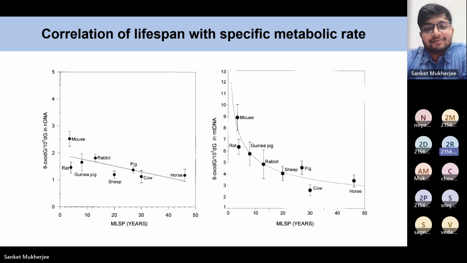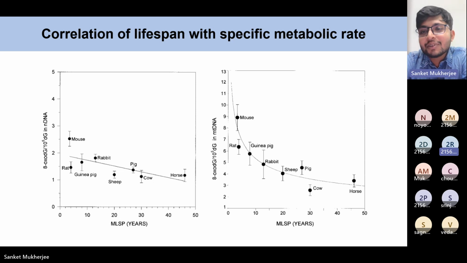The rate of increase of 8-oxoguanine will be more in mitochondrial DNA, because mitochondrial DNA does not contain exons, but nuclear DNA contains exons.